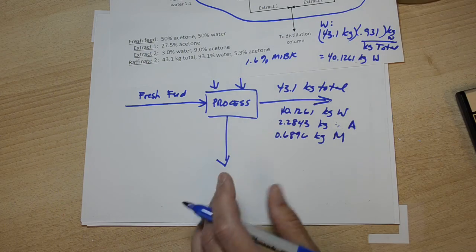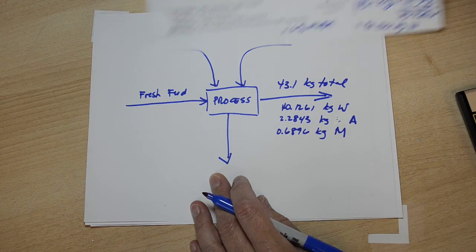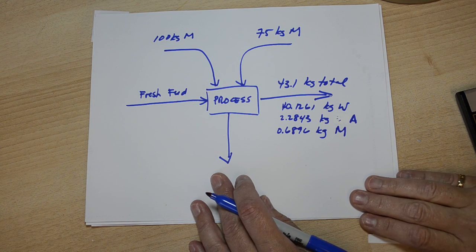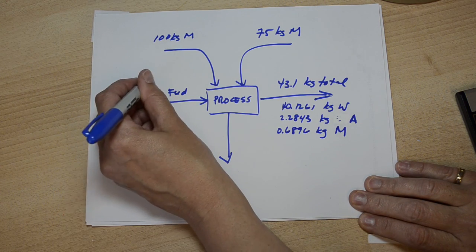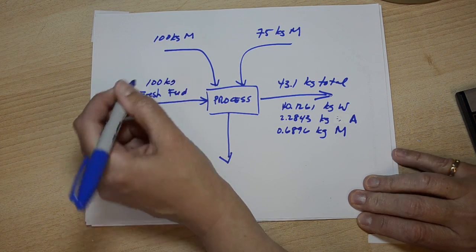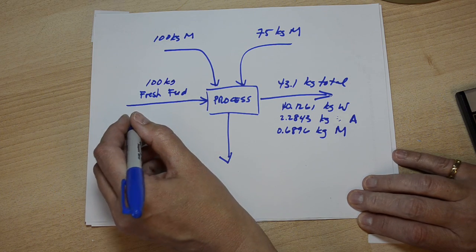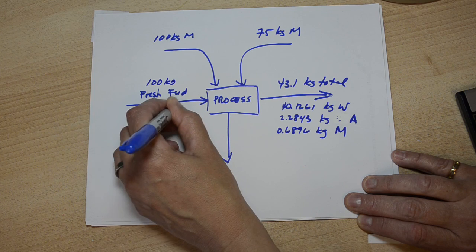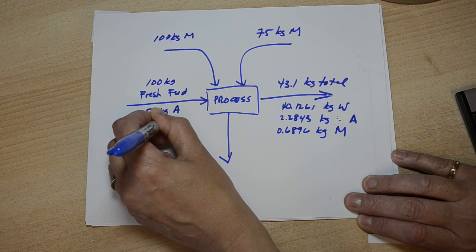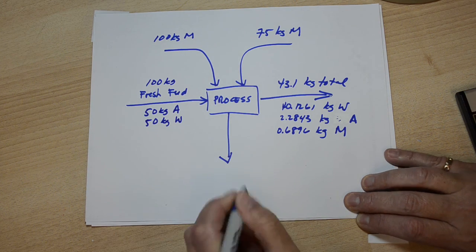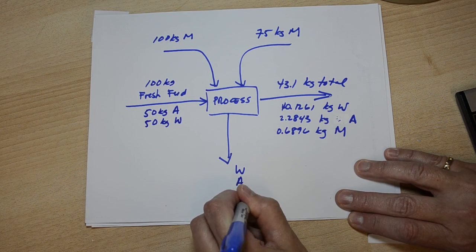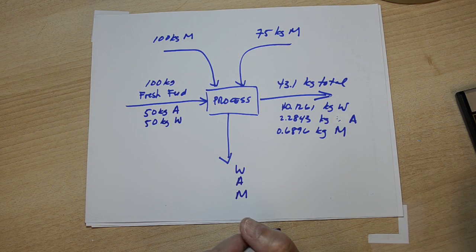Okay, so what we have now is everything that we know about the overall process. Excuse me, I didn't finish labeling. This is 100 kilograms total, and it's 50-50 acetone water. So that must be 50 kilograms acetone and 50 kilograms water. And this stream must be water, acetone, and MIBK, but I don't know in what proportions.